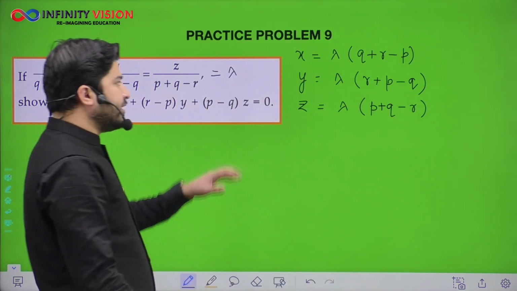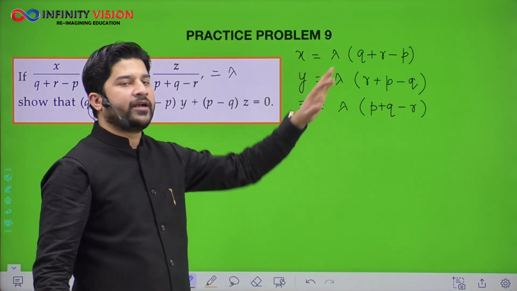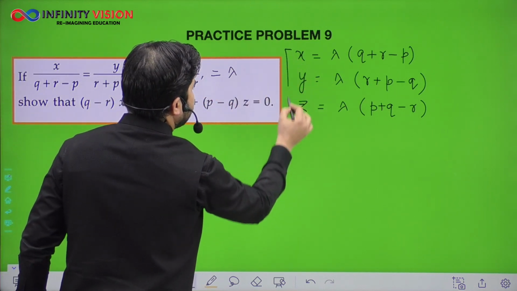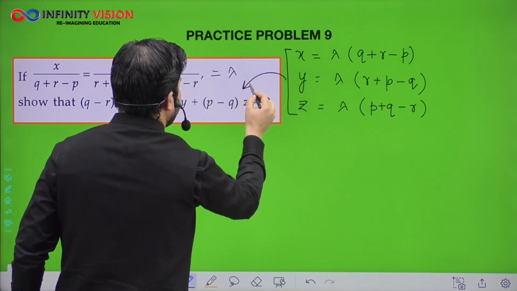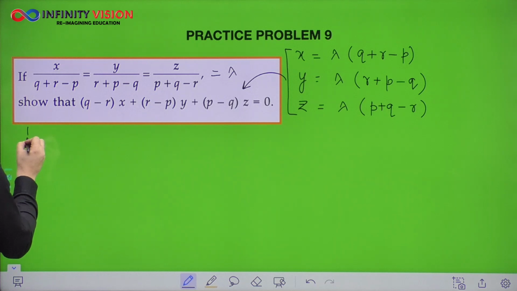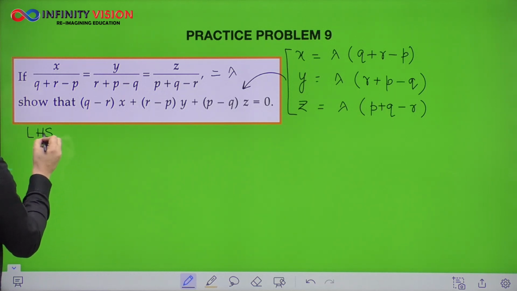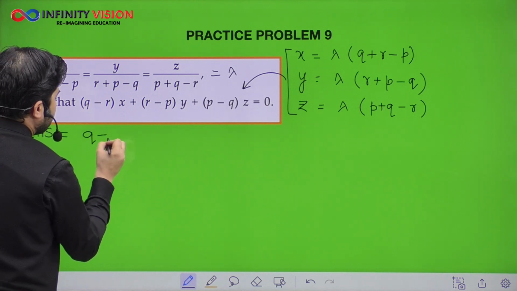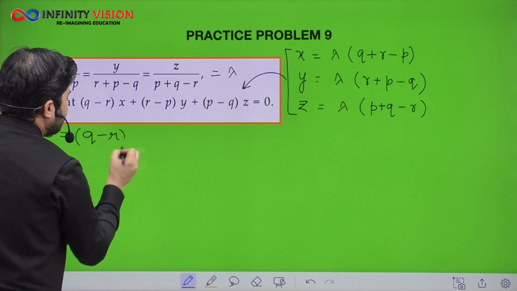Now, once you have written your x, y, z in terms of lambda and p, q, r, what you need to do? You just need to substitute these x, y, z in this equation. So let's say I'm just going to see the left hand side of this equation. In the left hand side, I have q minus r into x.